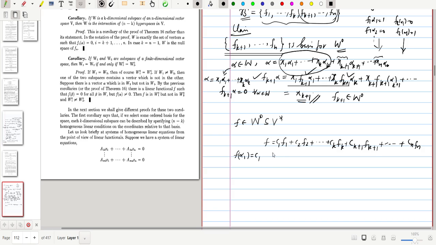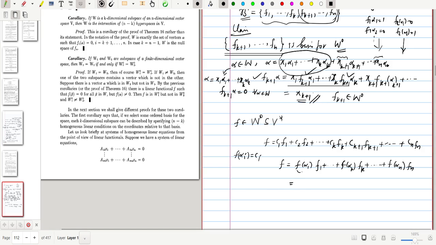That we have discussed in the previous theorem. Similarly, f of alpha i is equal to ci. So this f can be written as f of alpha 1 times f1 plus etc. plus f of alpha k times fk plus etc. plus f of alpha n times fn.